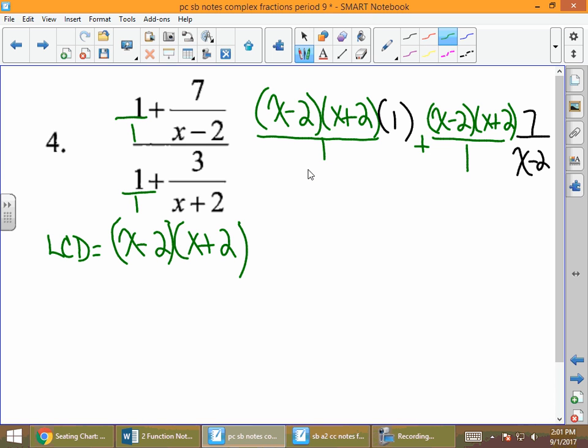We still have to do that in the bottom here, the denominator of the overall fraction, and we have x minus 2 times x plus 2 times 1 again.